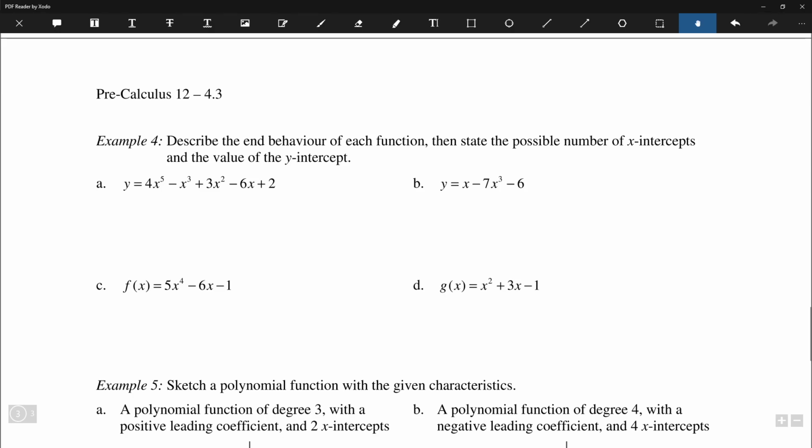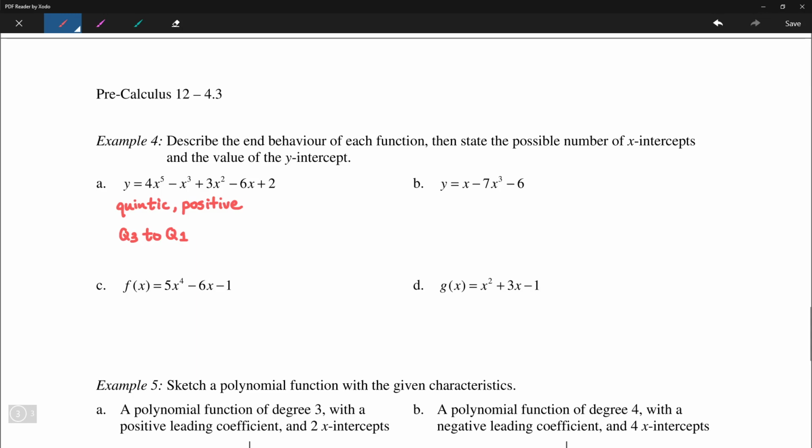Okay, so let's look at example 4a. It is quintic and it's positive, right? So those are the characteristics that we note immediately. If it is quintic, meaning degree 5, and it's positive, it's going to come from quadrant 3 and end in quadrant 1 as its end behavior.